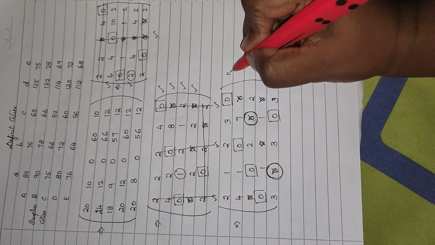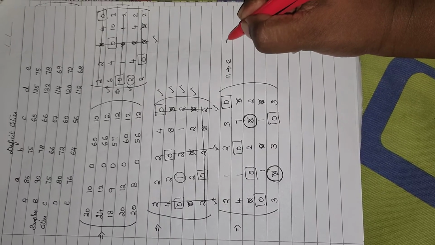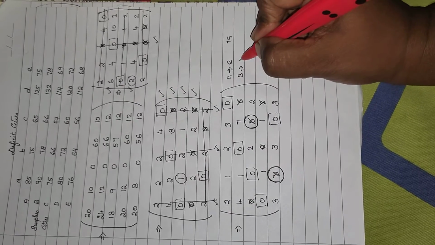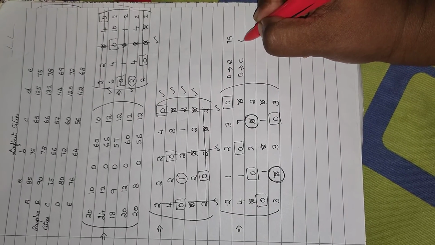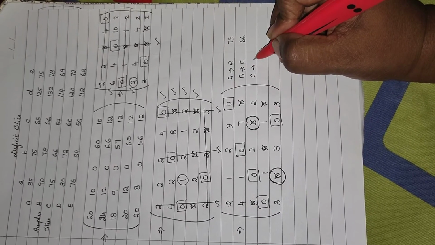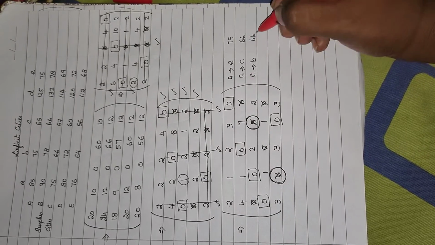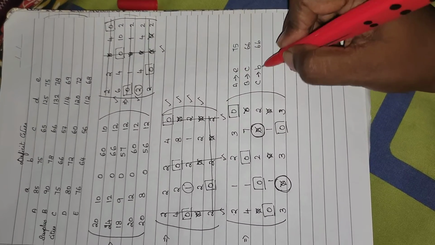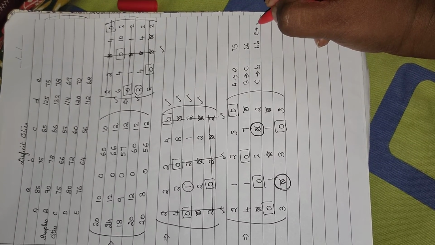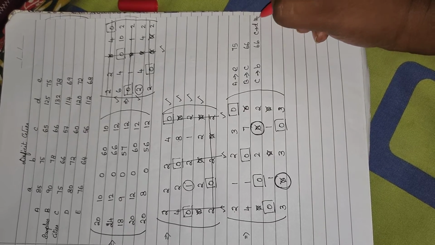So I have A, which goes to E, that is 75. Then B, which goes to C, that is 66. C, which goes to B, that is 66 again. Here only the choice comes. If C goes to D, the answer would be 114.